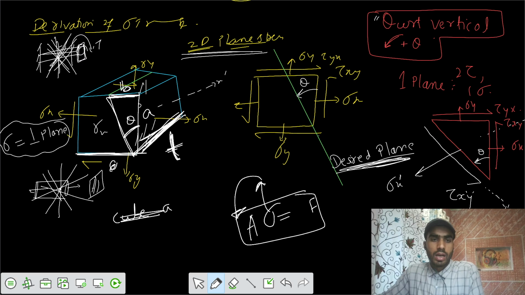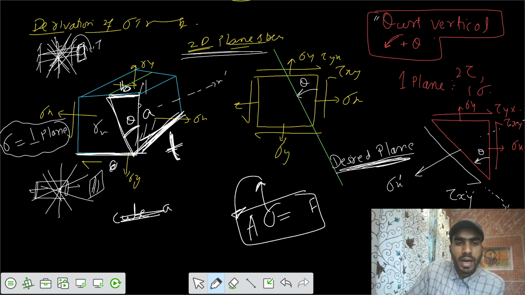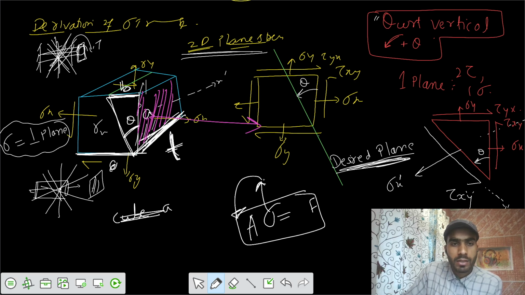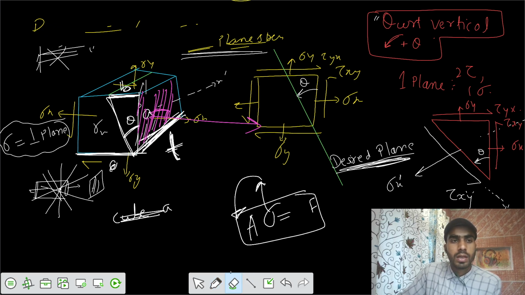Now I can say sigma x is acting on a particular plane. This is the plane on which sigma x is acting, perpendicular to that plane.